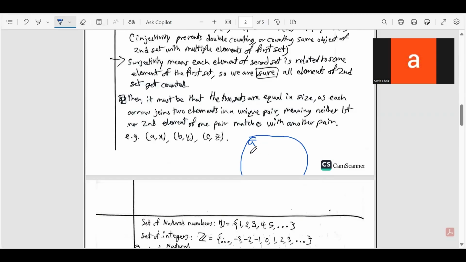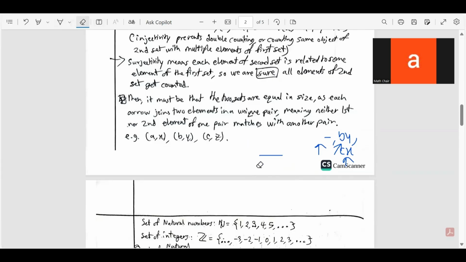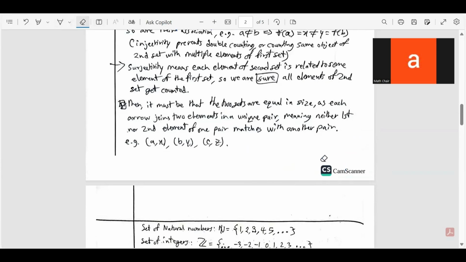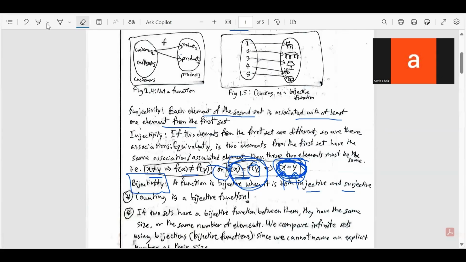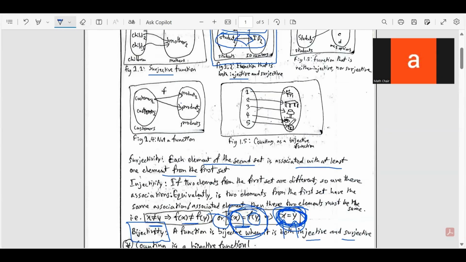I could have something like this, right? So A, B, C, X, Y, Z. I could do a crisscross, something like this. And it would still be a bijective function because now the pairs are AZ, BY, CX. And once again, the first elements of all of these pairs won't match, and neither will the second element of any of these pairs match. So when we have this concept out of the way, we realize that counting behaves in the same way.